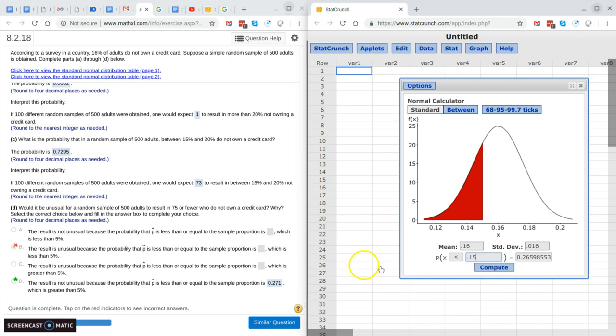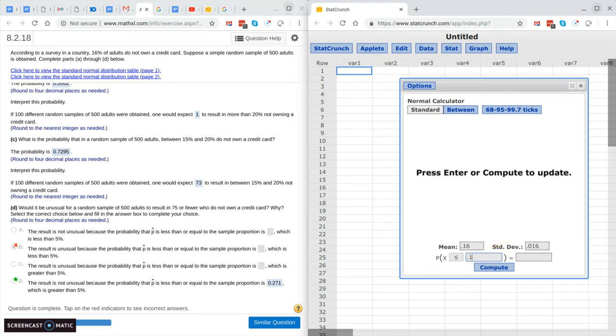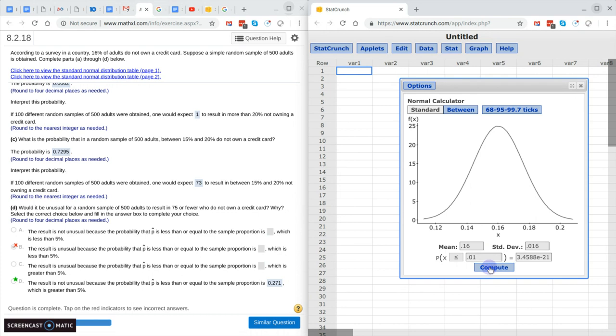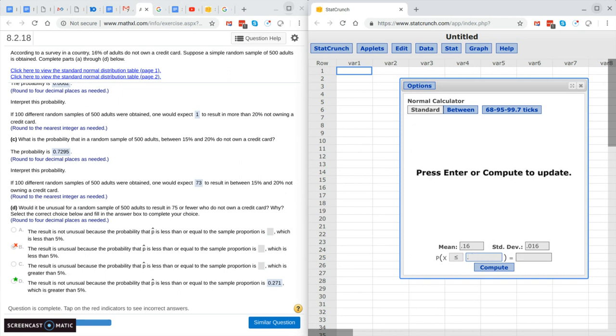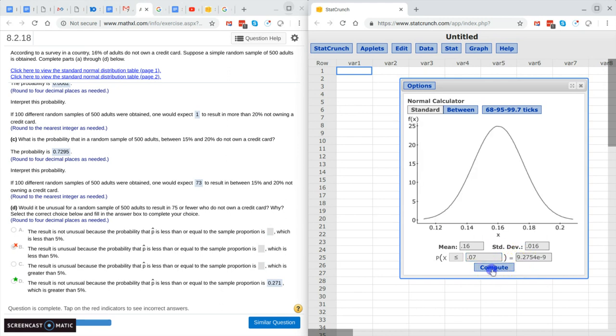So like, if we did a sample of 500 people and we found that only 1% of those people do not own a credit card, what is the chance of having that sample? It's incredibly small. That's so small it might be a little lost. Let's do something like only 7% of them do not have credit cards.